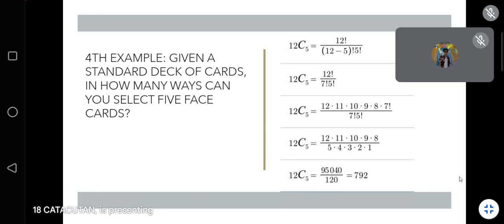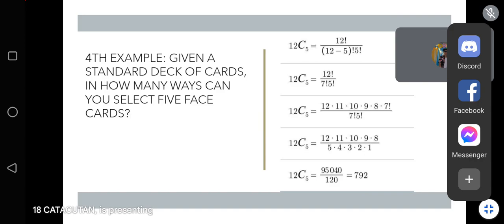Cancel 7 factorial, and it will be only 12 times 11 times 10 times 9 times 8 over 5 times 4 times 3 times 2 times 1. The answer is 95,040 over 120. Then divide, and the answer equals 792.